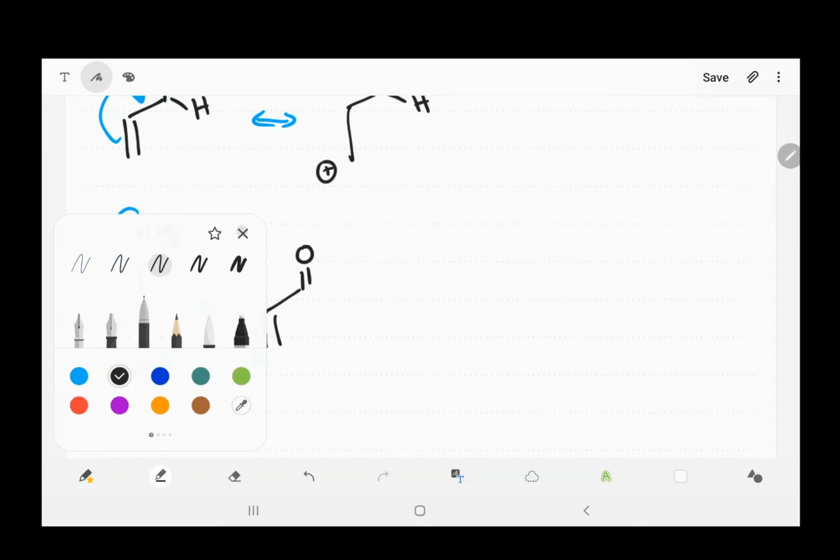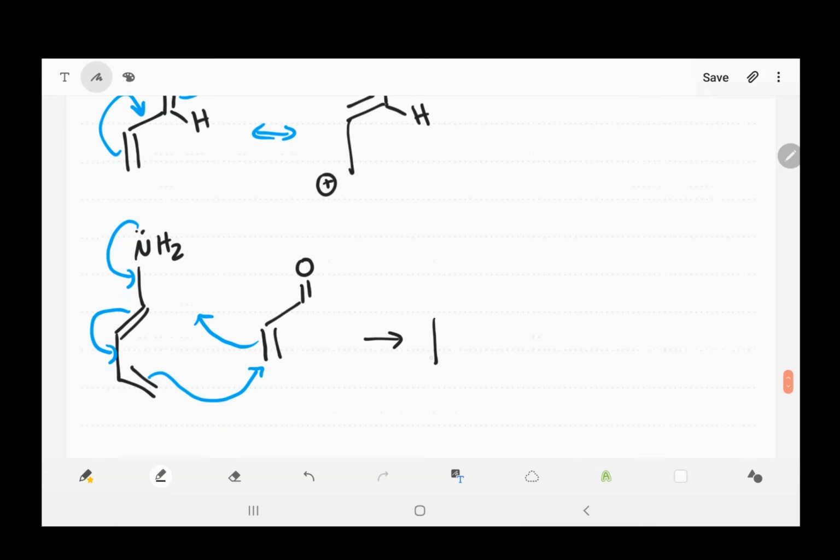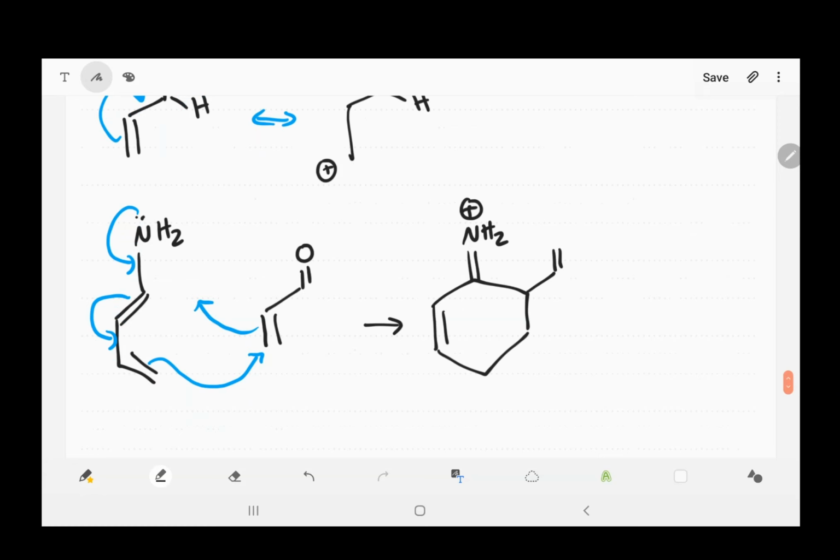And so as a result, we end up with the same kind of thing we've done before. We're going to have our 6-membered ring. In this case, we're going to have positive nitrogen because that's where I decided to start this. And we're going to have our oxygen up here.